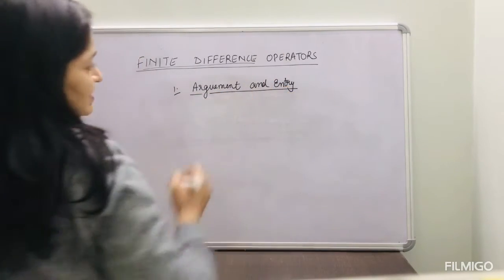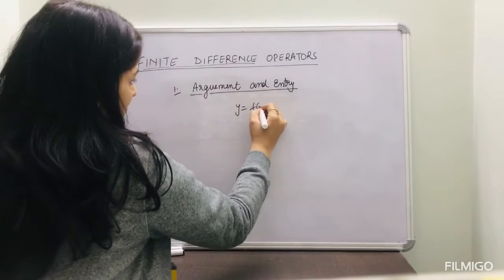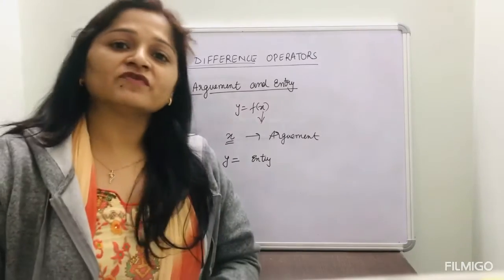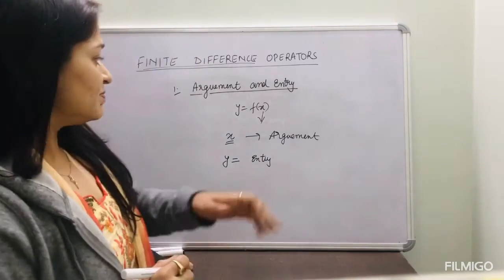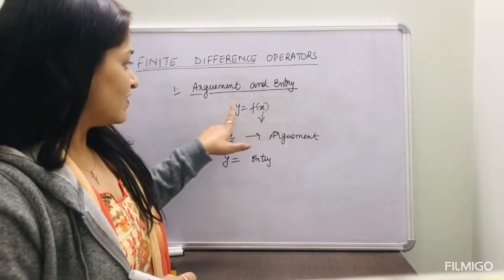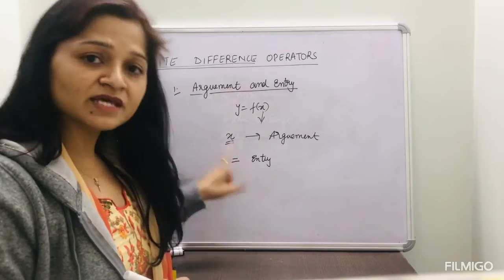Let f of x be a given function. The independent variable x is called the argument, and the value which you get, we name it as entry.